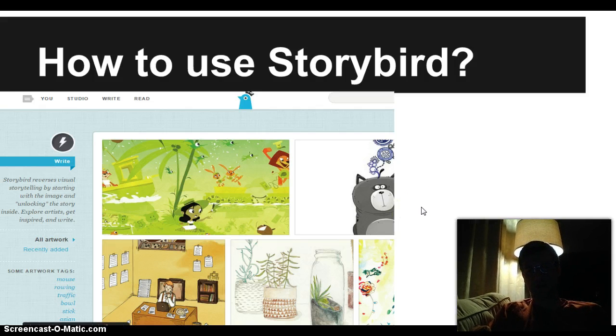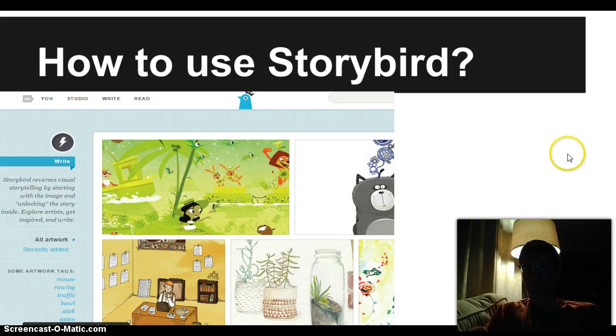If you have an idea of what your story is about and you have a certain direction you want to go, these tags are very helpful. You only have one image to choose from when you first choose your image theme, but all of the images will look similar to the one that you chose.